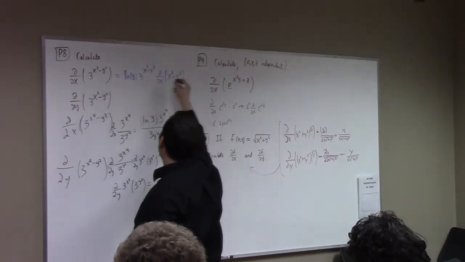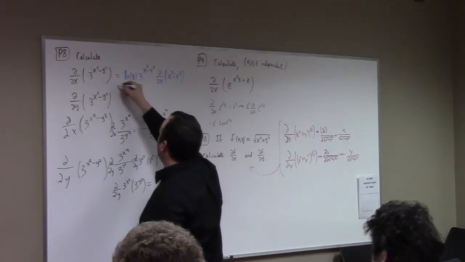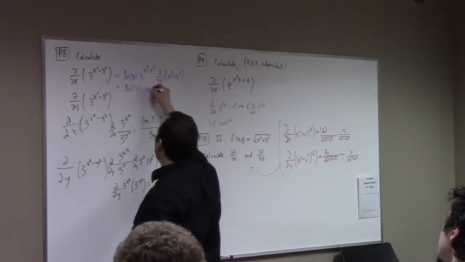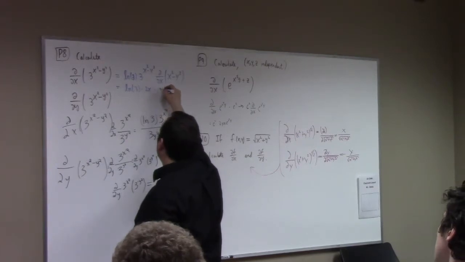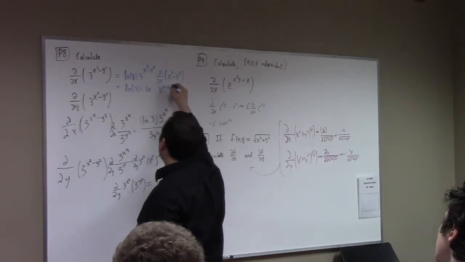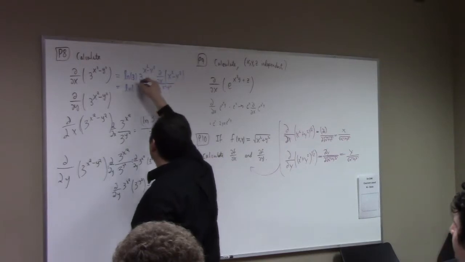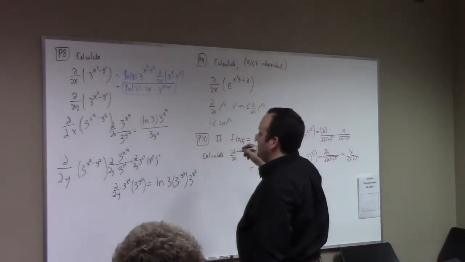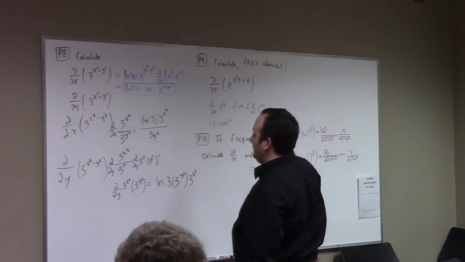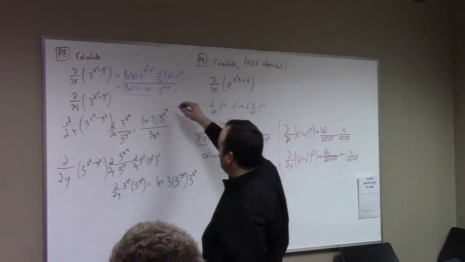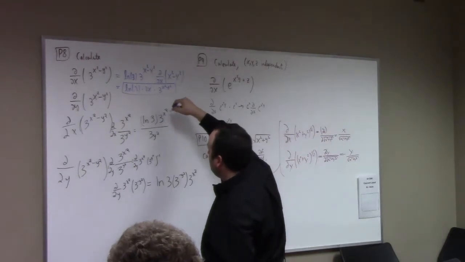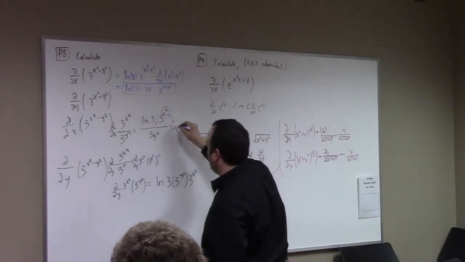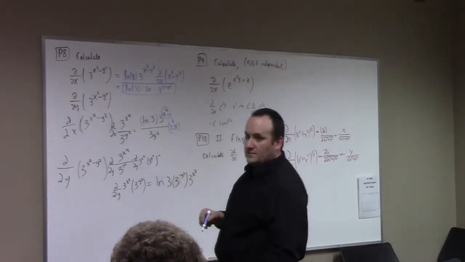And so that is natural log of 3 times 2x times 3 to the x squared minus y squared. The thing that's missing here is you forgot to multiply by the derivative of the inside function. That says I have to multiply by 2x here as well.